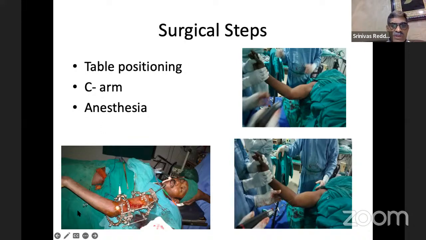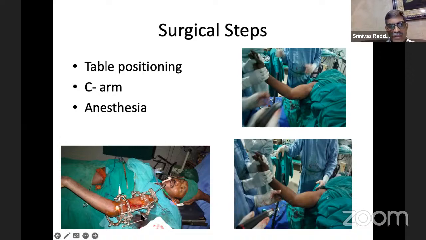In this position, we will be operating from the lateral side. The C-arm should come from the other side, from the lower limb side. And we can use an olecranon traction device to have a better execution. We'll have better room.